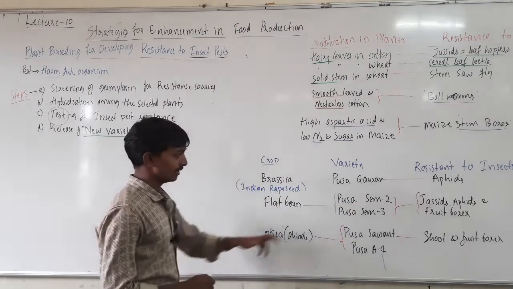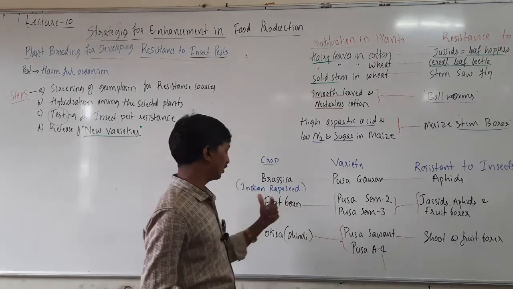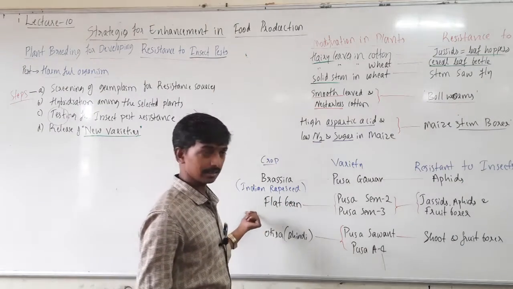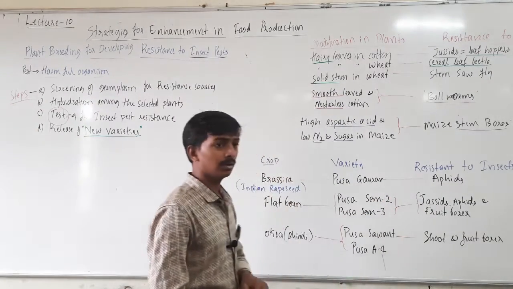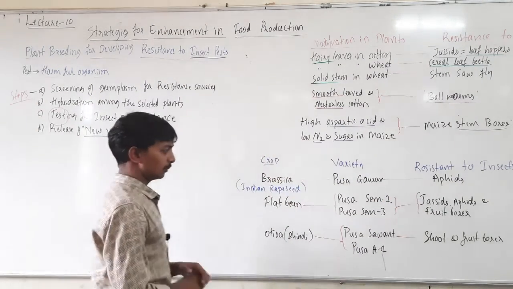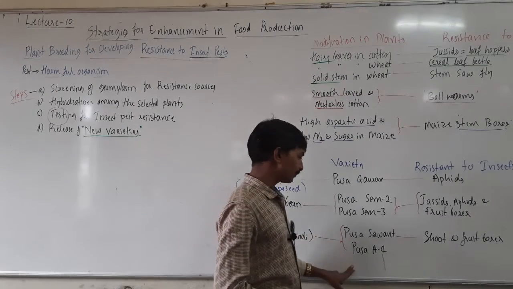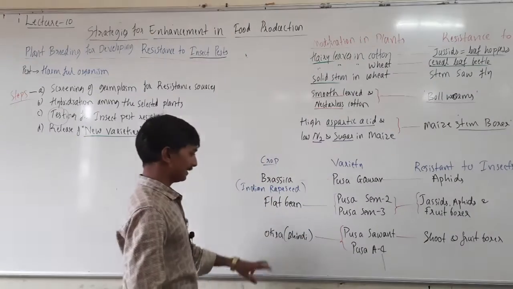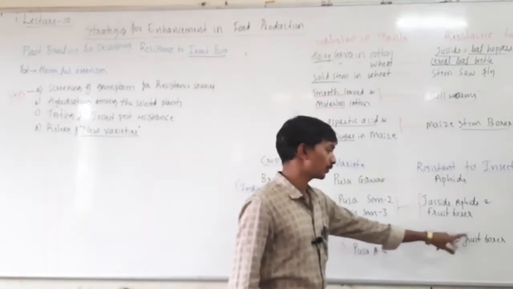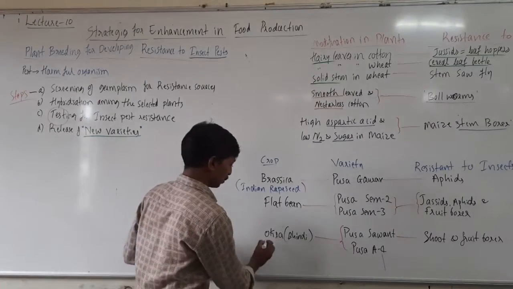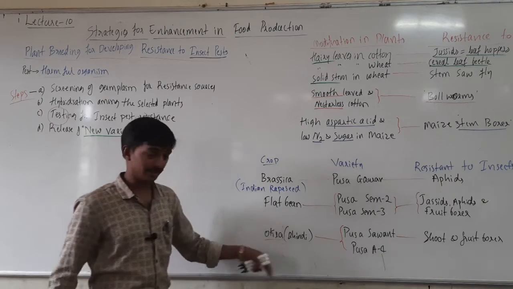Similarly, Pusa Sem 2 and Pusa Sem 3 of flat bean are resistant to jassids, aphids and fruit borers. And lastly, Pusa Sawani and Pusa A4 are resistant to the shoot and fruit borer. These are varieties of okra, what we call lady's finger.